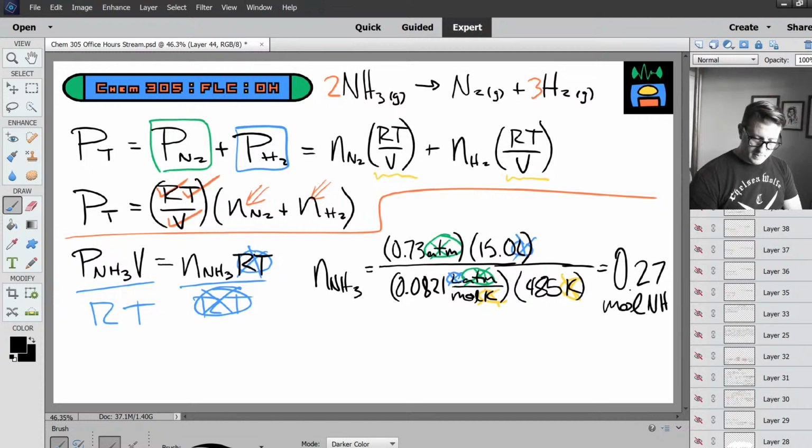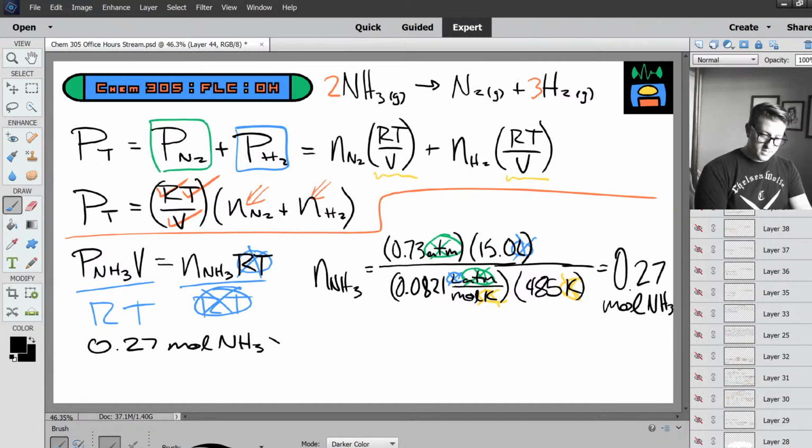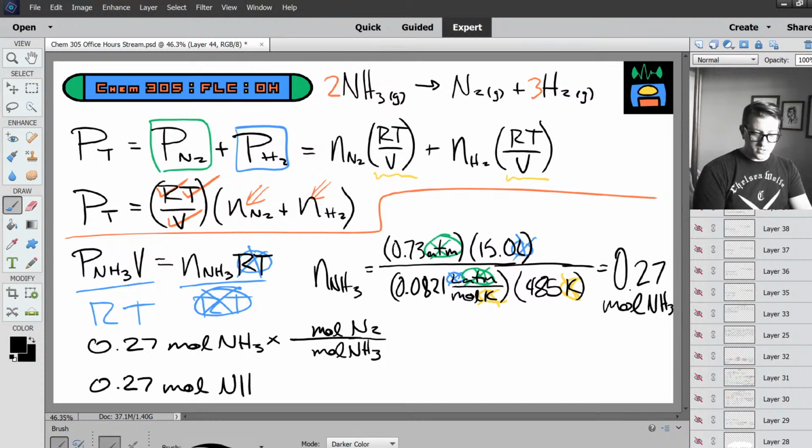moles of NH3. All right, we can use our balanced chemical equation to convert from moles of NH3 to moles of N2. And we can use our moles of ammonia to convert from moles of NH3 and our balanced chemical equation to moles of H2.